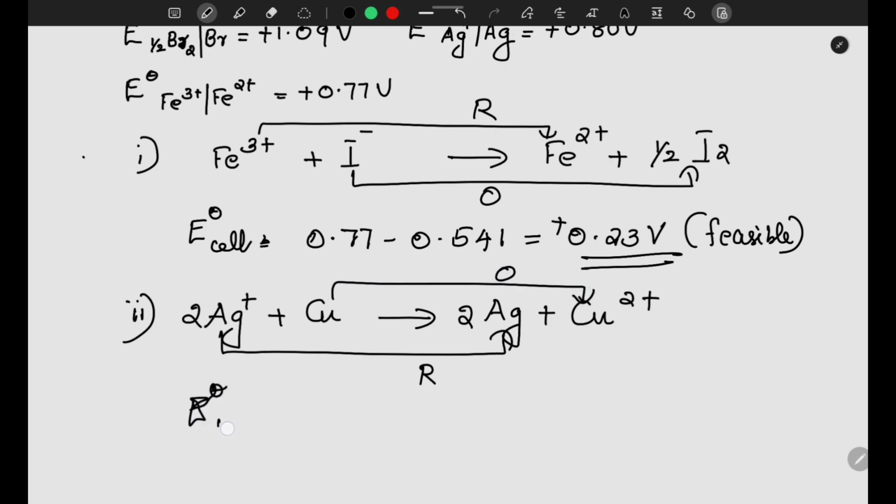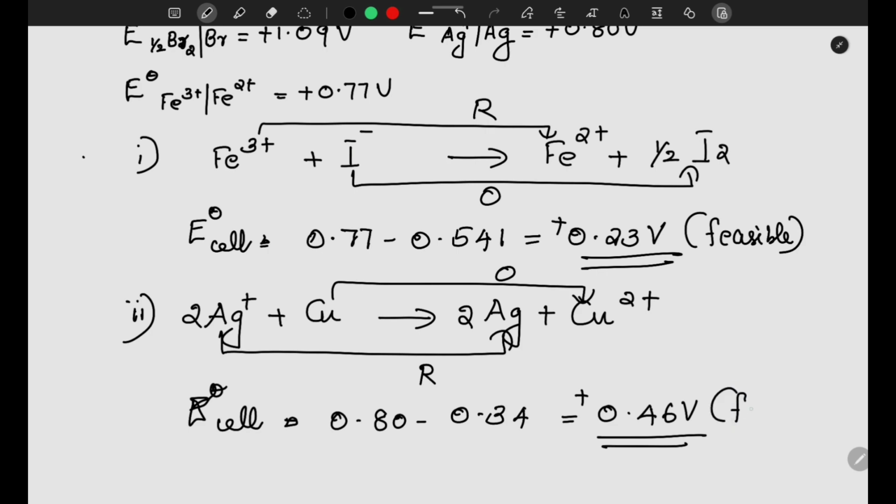So E° cell is equal to, silver is undergoing reduction, so its value is 0.80 minus copper's 0.34 volt. We will get 0.46 volt. Since we got a positive quantity, we can say this reaction is feasible.